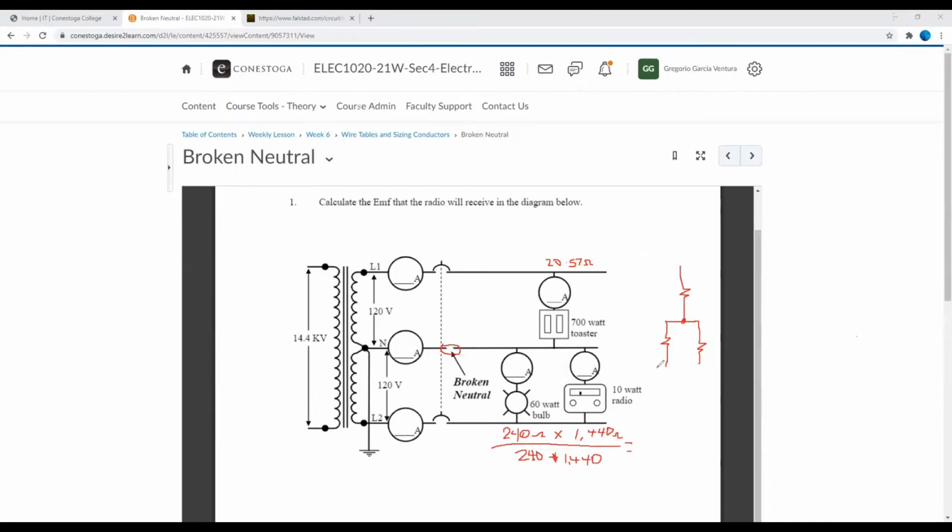When I do the calculation, I get 205.71 ohms. That's the ohmic value for these two together.